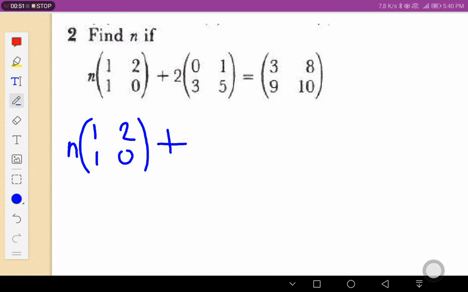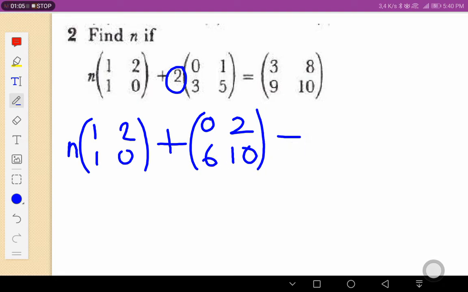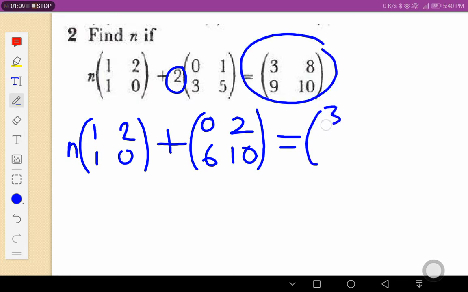Then now multiplying with 2, our scalar there, we'll get 0. 2 by 0 we get 0. 2 by 1 we get 2. 2 by 3 we'll get 6. 2 by 5 we get 10 here. Then this is equal to the matrix that is on the right there, which is 3, 9, 8, 10.